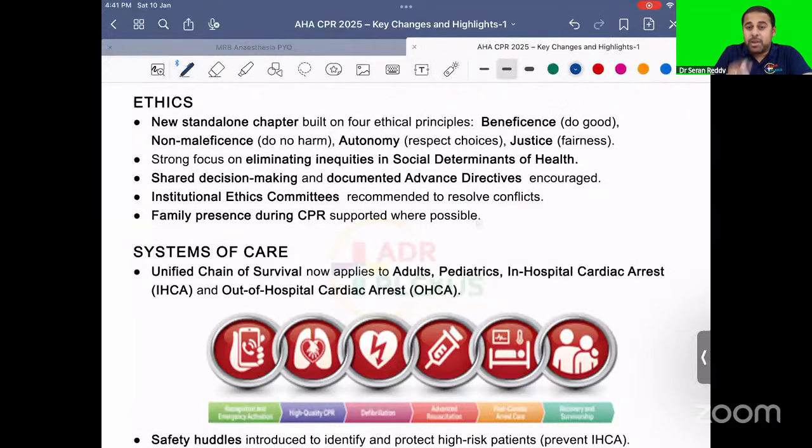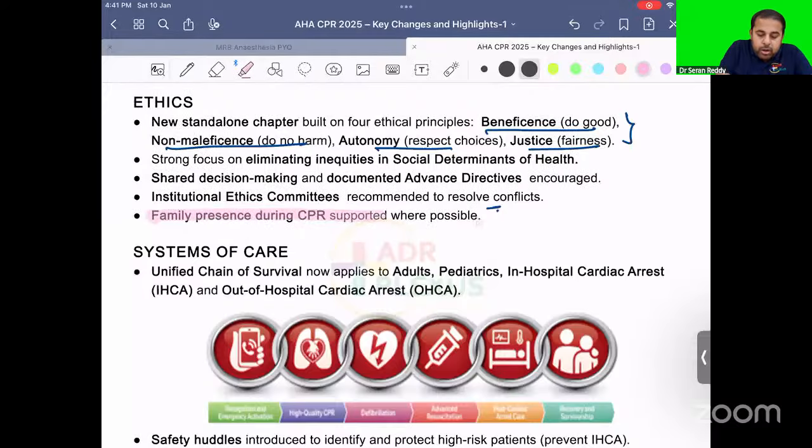And 4 ethical principles: beneficence, do good; non-maleficence, do no harm; autonomy, respect choices, when they say don't resuscitate, you have to respect them; justice, fairness. These 4 points have been added. And strong focus on eliminating inequalities in social determinants, not an important point. Institutional ethics committee is recommended to resolve conflicts. We will send you this document, please be assured.